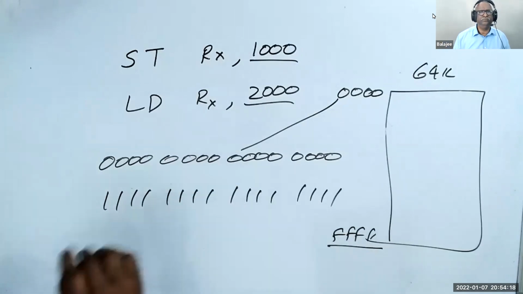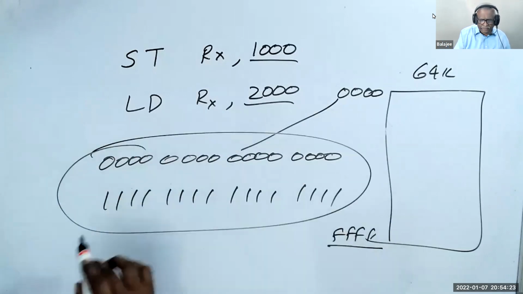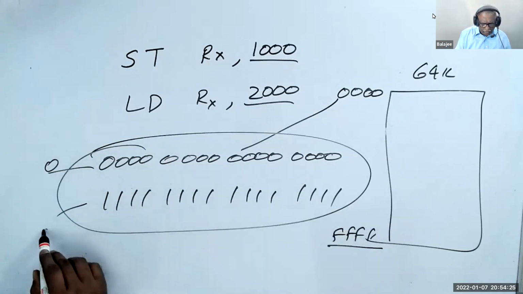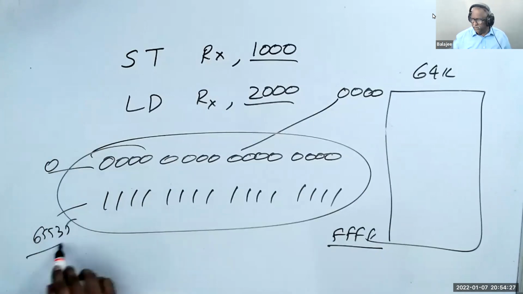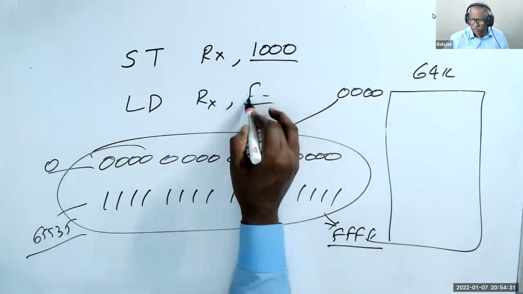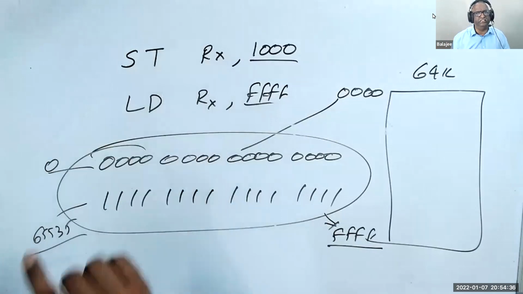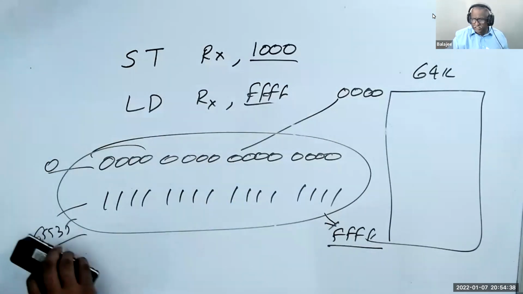This is a trick. I can write anything here. That means that using these two instructions, the microprocessor talks to the external world.